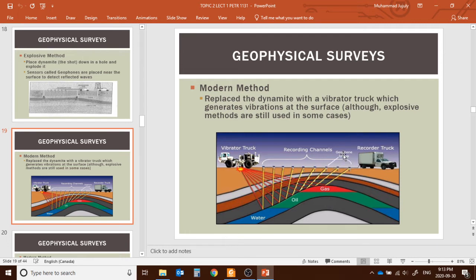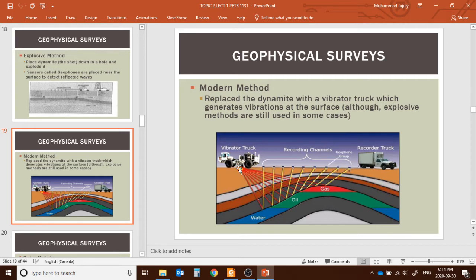We call them geophones. So remember, on the ground the sensors are called geophones, and in the ocean, the marine environment, we use the same type of sensors, but we call them hydrophones.